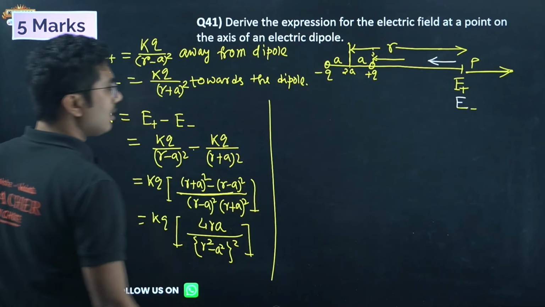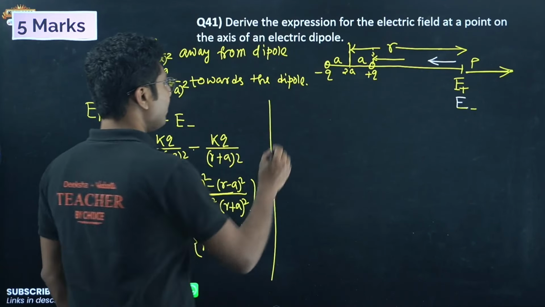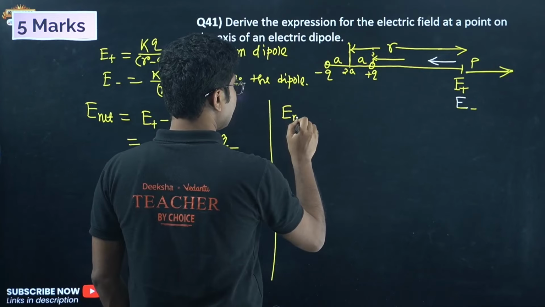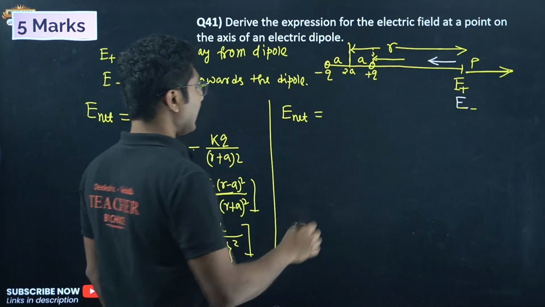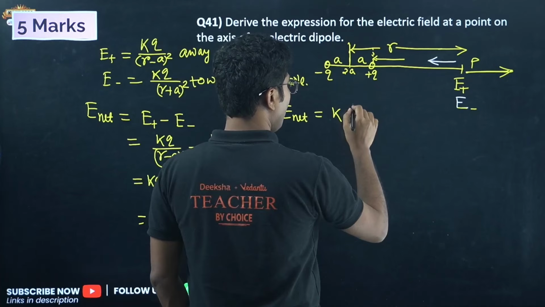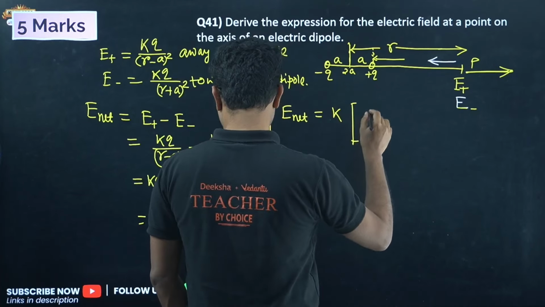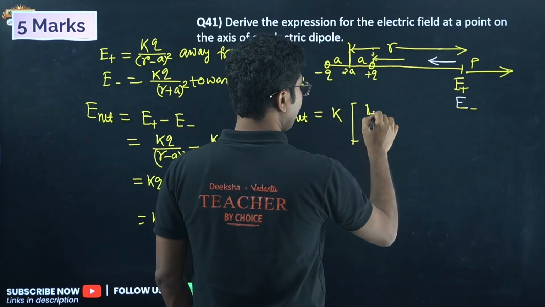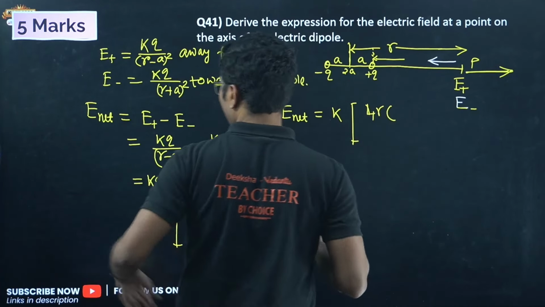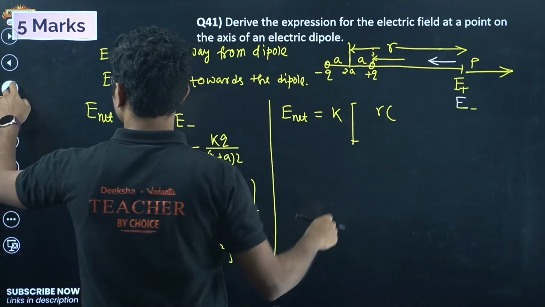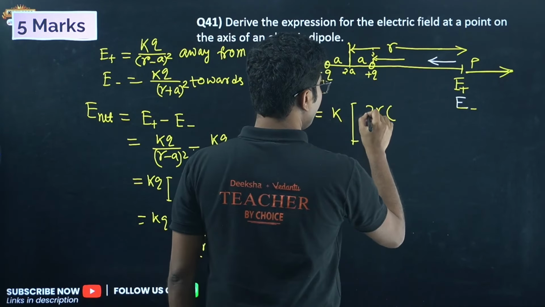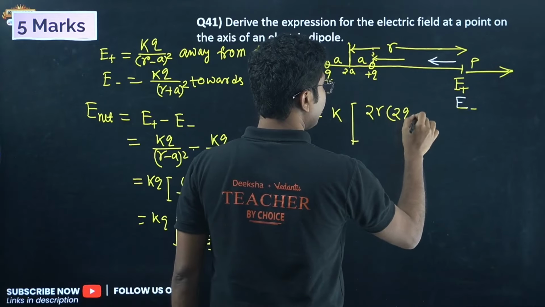Now we just need to reorganize this. So E net is now given by k into 4r, not 4r, let me reorganize it, 2r into 2Q into a.